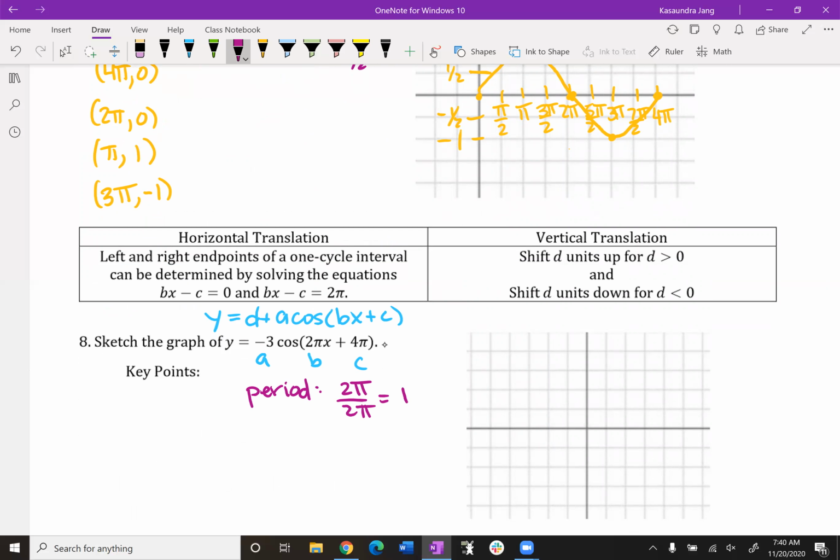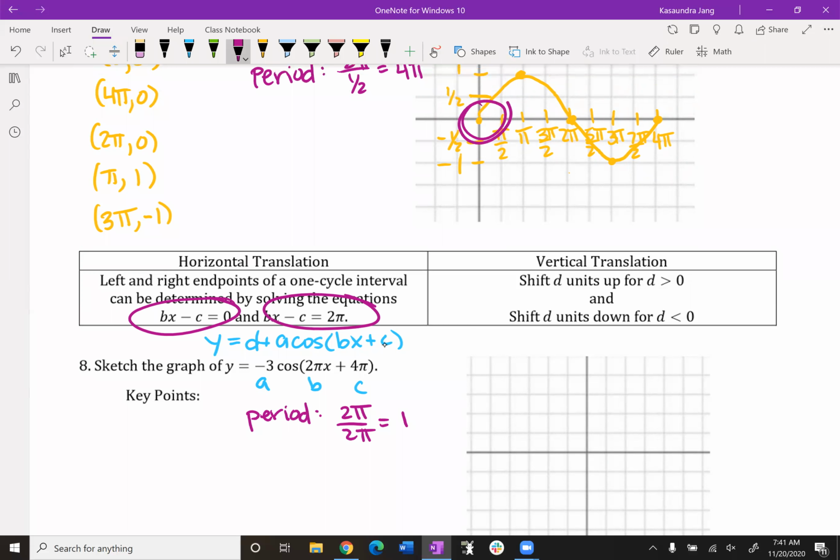Now, whether that period begins at this first distance of 1, or maybe somewhere in the middle here, we need to figure out where that period begins. So that's going to have to do with my horizontal translation. Let's look at this part right here. Usually one period starts at 0 and ends at 2 pi.